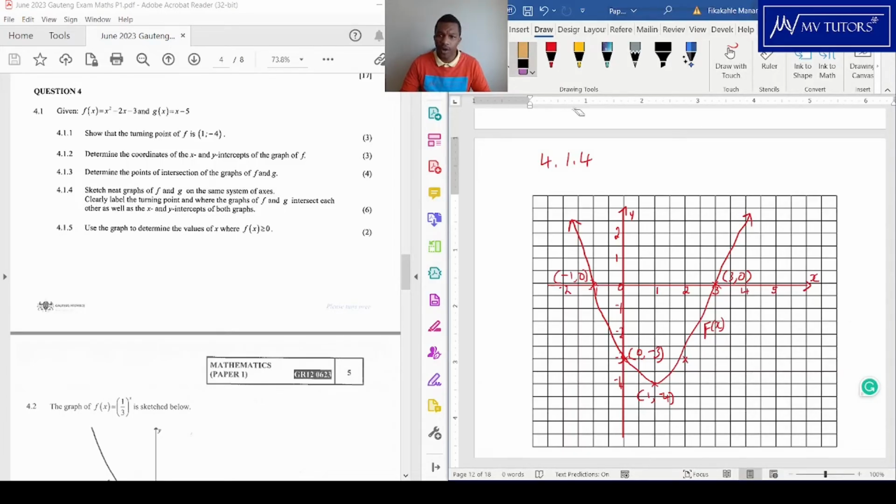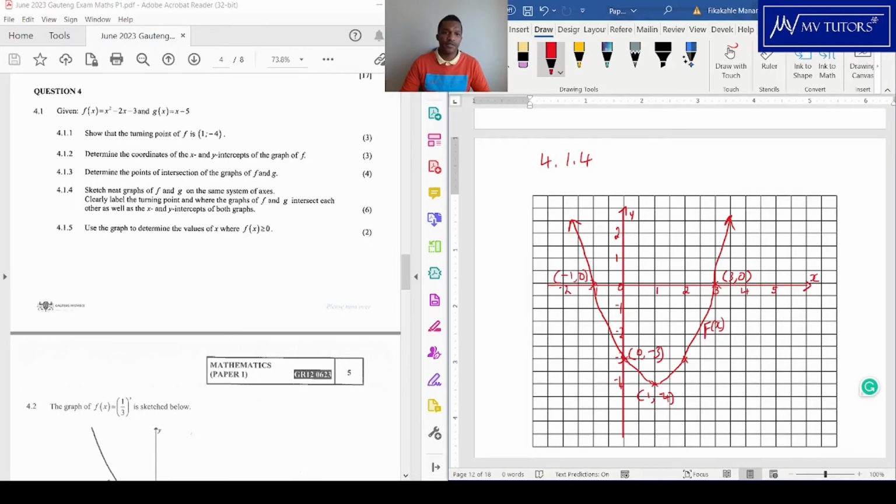So I'm going to rub out this portion and redo it so that it passes that point. It turns there, it passes that point, and then it goes all the way up, right?